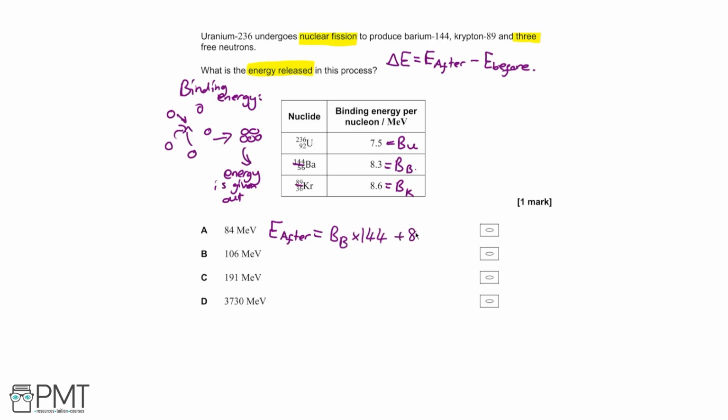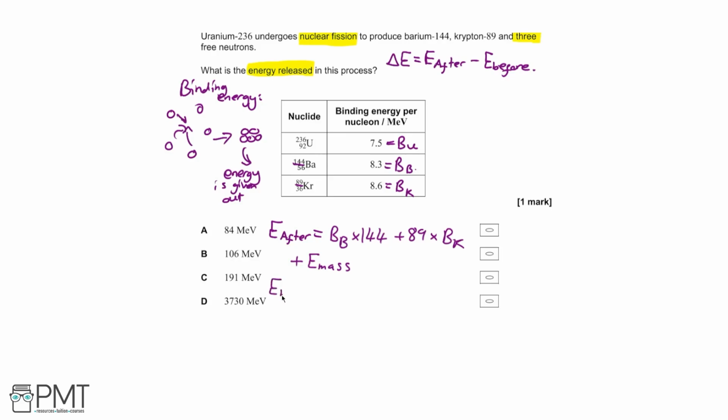So we have 89 times B_K, which will be 8.6. And we also have a contribution due to the energy that comes from the mass of each of the nucleons. We'll deal with this in a second after we've written the expression for E before.